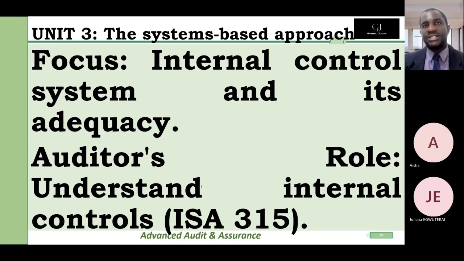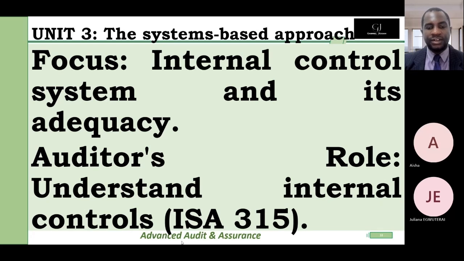The auditor's responsibility based on International Standard on Auditing 315 is that you must obtain an understanding of the internal control system that is relevant to financial reporting. This understanding helps us identify the types of potential misstatements. It also helps us consider factors affecting risks, and we design the nature, timing, and extent of further audit procedures.